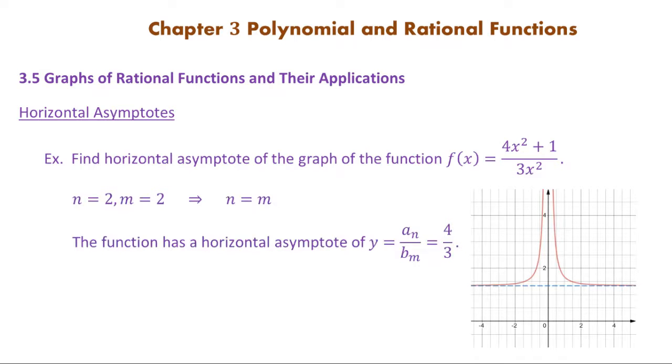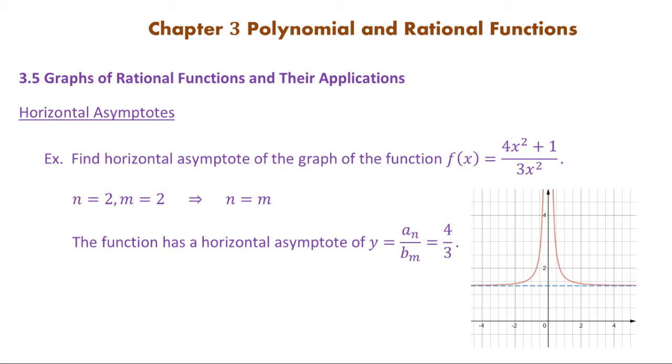As you can see, the broken line in the graph and the curve of the function in red do show the asymptote, the horizontal line y equal to 4 over 3, both on the left and on the right. Both approach the horizontal asymptote from above.